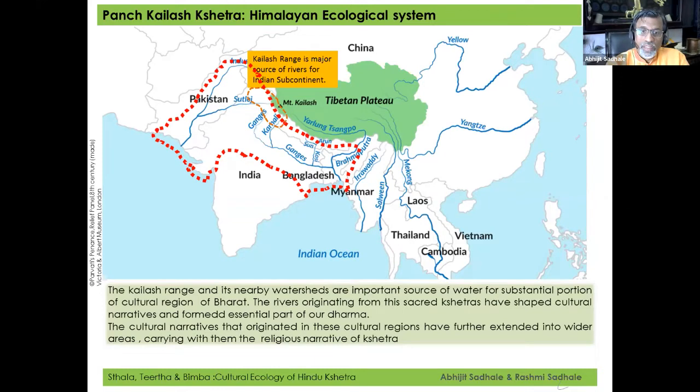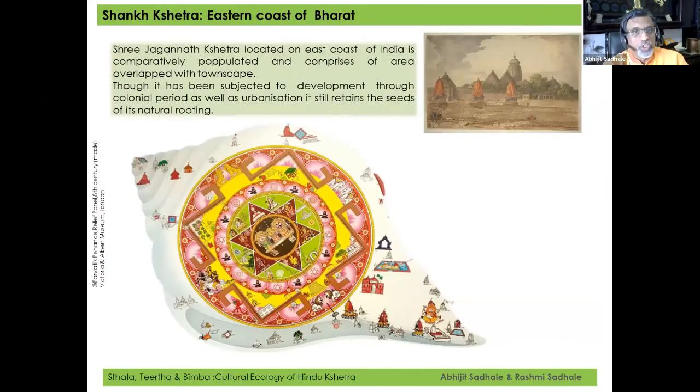These rivers irrigate a substantial portion of India or Bharat, and the rivers originating from this Kshetra have shaped the cultural narrative of the entire region of Bharat, starting from North India and carrying it further beyond. So you understand the importance of natural elements in a Kshetra.